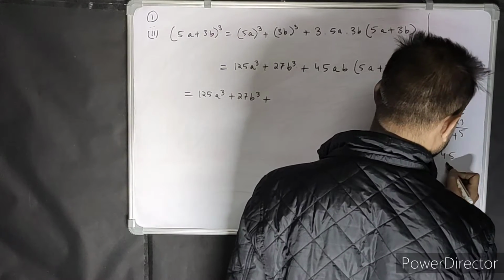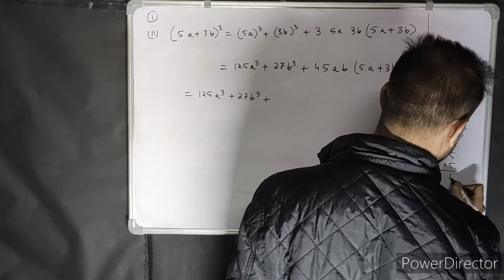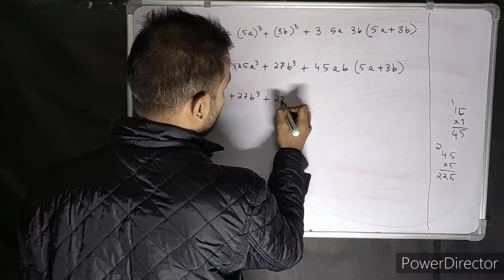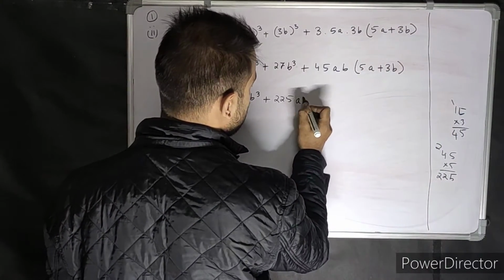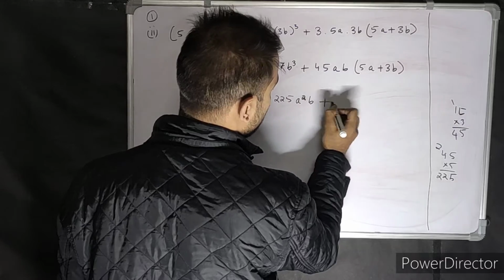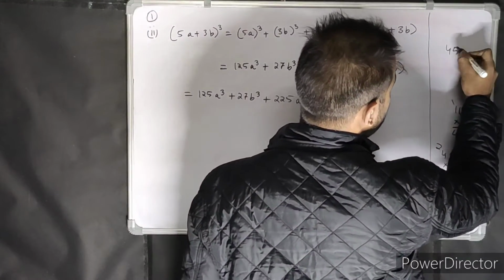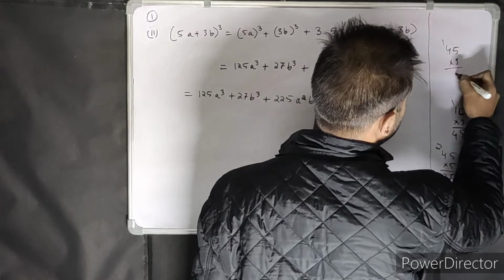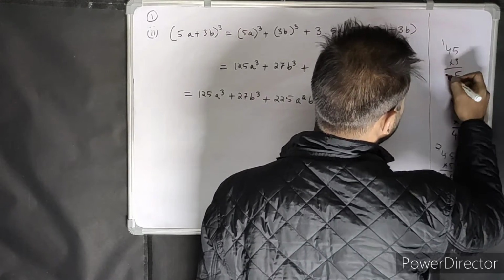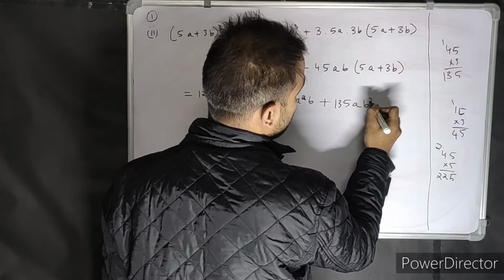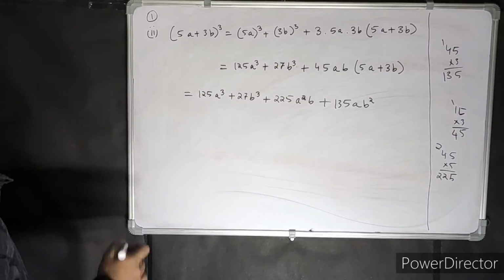That's how you're going to do in the exam. 5 5s are 25, 5 4s are 20, 21, 22, 225, that is a square b, plus 45 into 3, 5 3s are 15, 4 3s are 12, plus 1 is 13, 135ab square. Okay, that's your final answer.